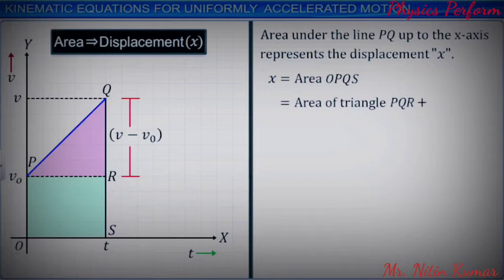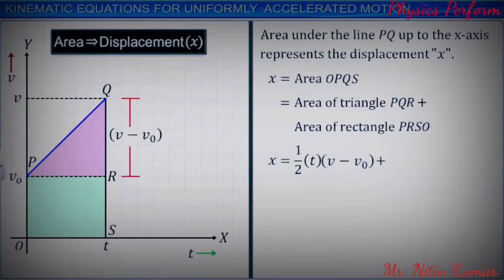We get the value of x as half the product of t and the difference of v and v naught, plus the product of v naught and t. From equation 1, the value of v is the sum of v naught and the product of a and t.